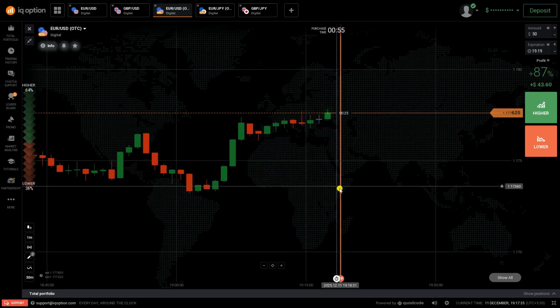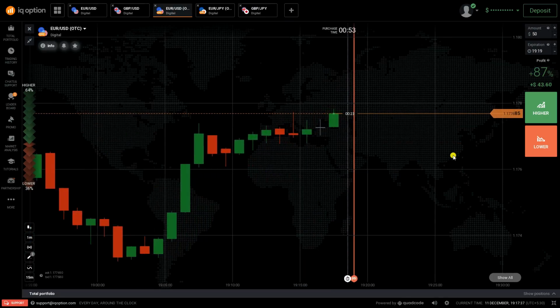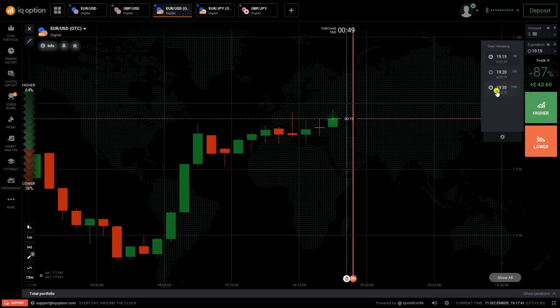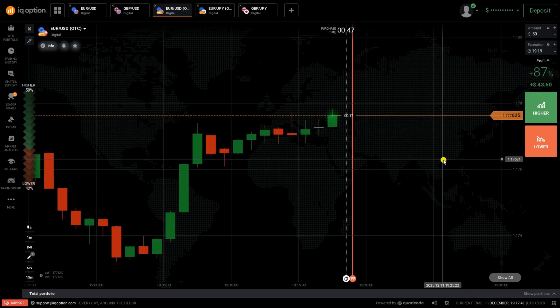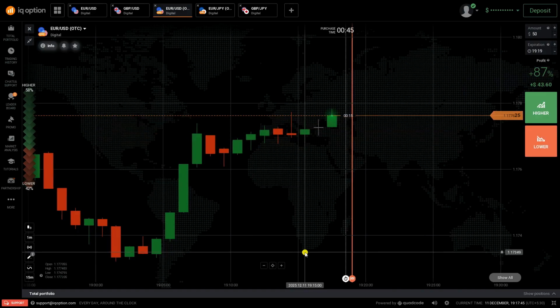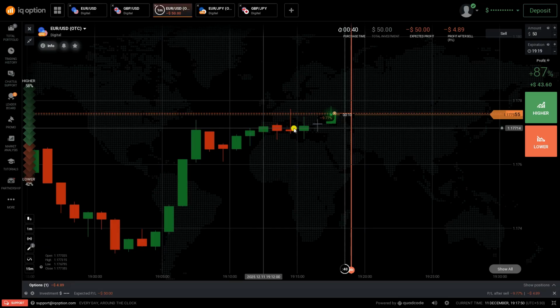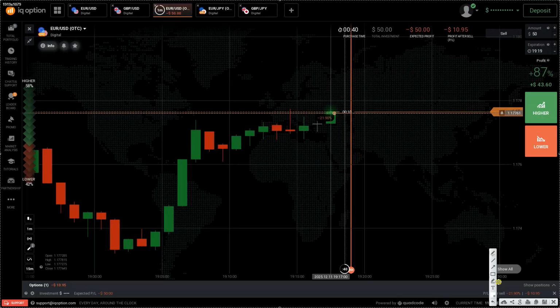EUR/USD, is there any option? Yes, we have an option to place a downward direction trade. Okay, I am placing a downward trade for 1 minute because this has two resistance lines. One is R1 and this is R2.